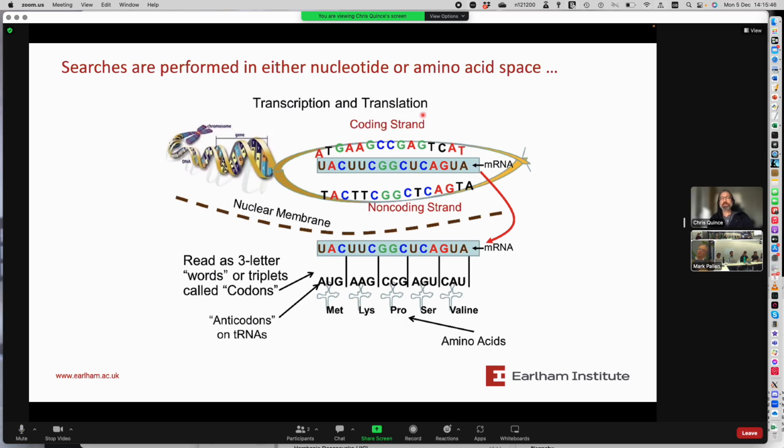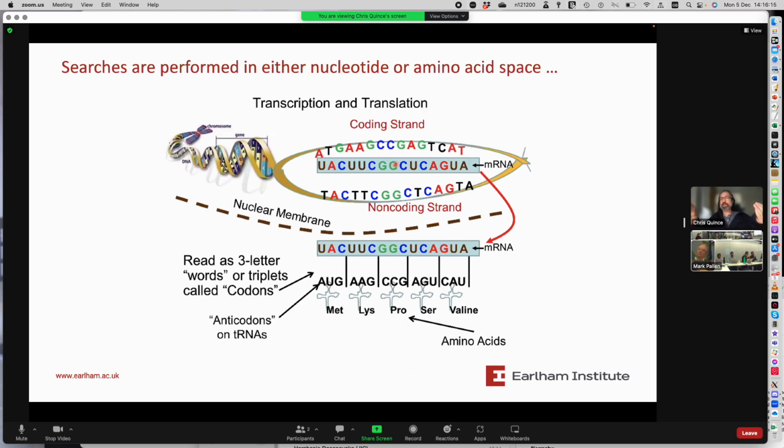Now, when you're searching against the databases, you do have a choice. You can do this in nucleotide space or in amino acid space. So basically, either you take the DNA sequence itself to search against your database, or you convert it to amino acids first. If converting to amino acids, unless you've already done gene calling, you will have to search in all three possible translation frames.